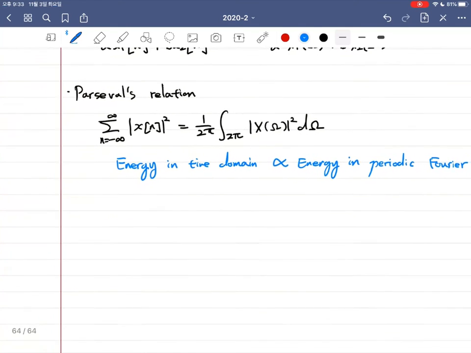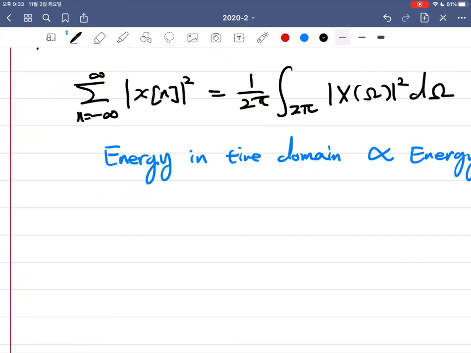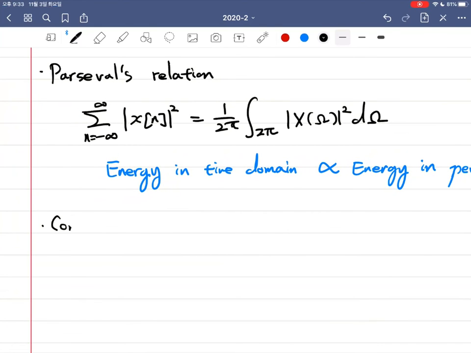And also, remember the great thing about the convolution. You have the same property for the convolution. So if you do the convolution in the time domain, which is about passing through the LTI system, remember?